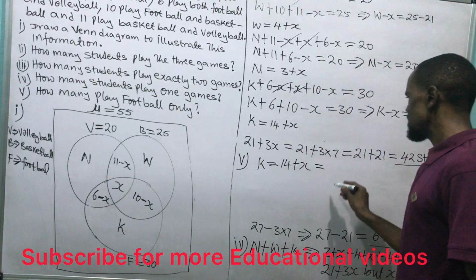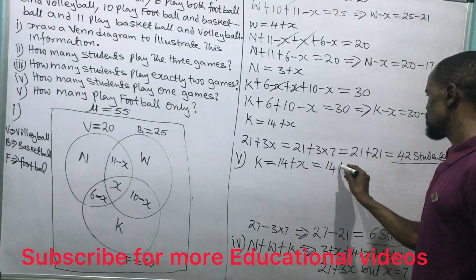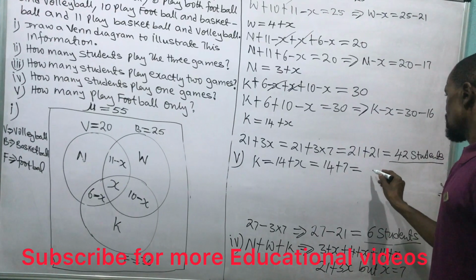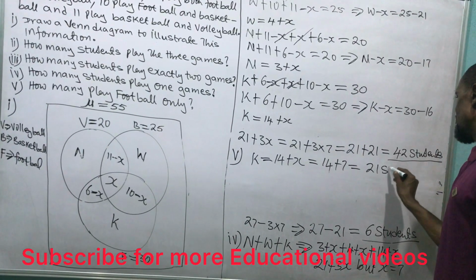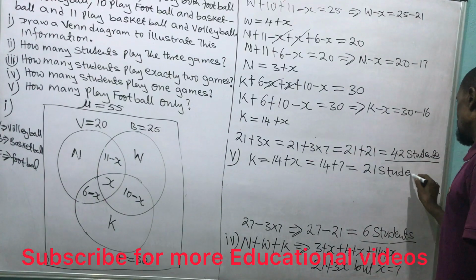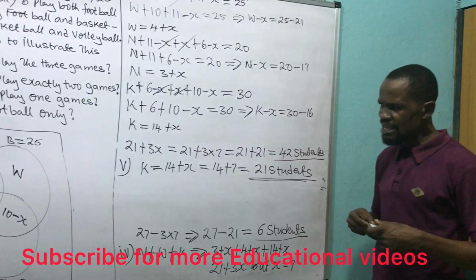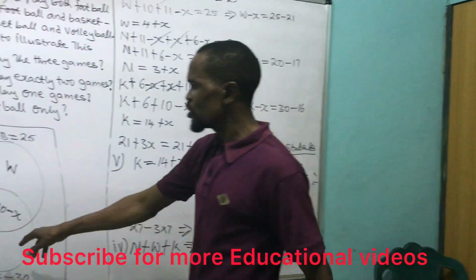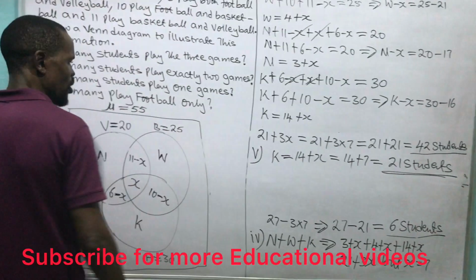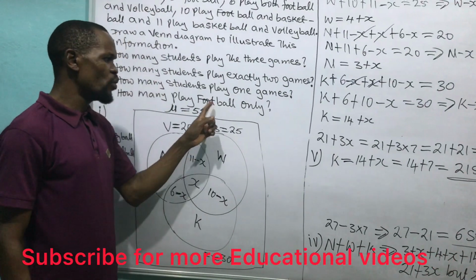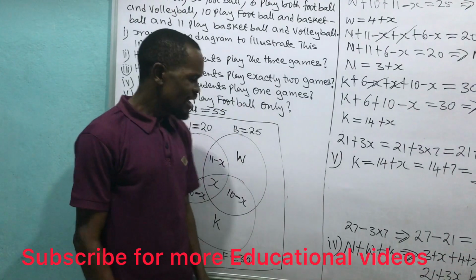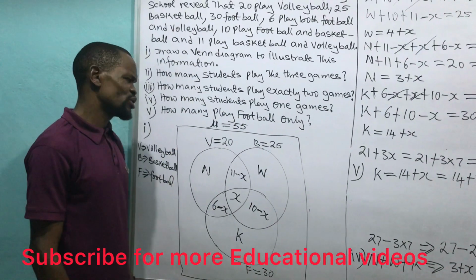And x is 7, so 14 plus 7 gives me 21 students. There are 21 students who play only football. That's my V, and that's the last question over here.